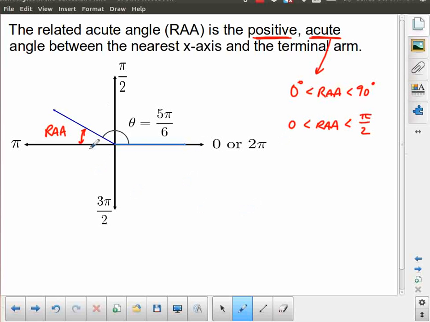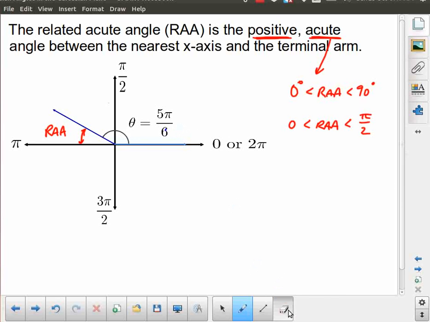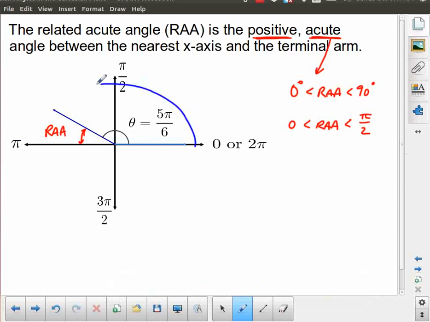So in this case, if I want to find this related acute angle, I have this angle 5 pi by 6. My closest x-axis is the negative x-axis, which is pi. So the way that I do this is I actually imagine going all the way around to pi and then having to come back by the related acute angle.